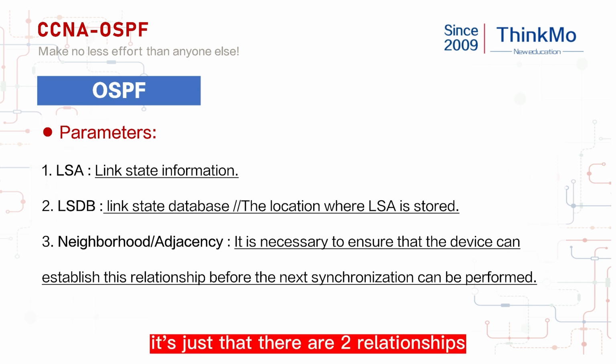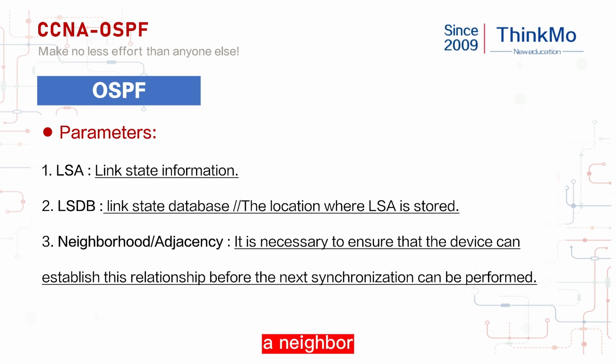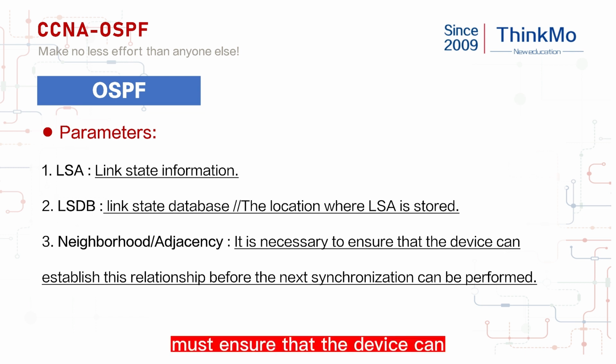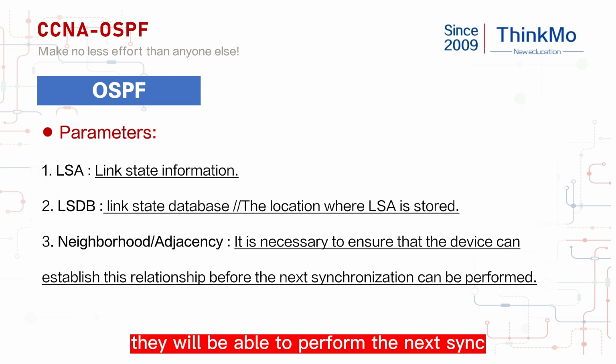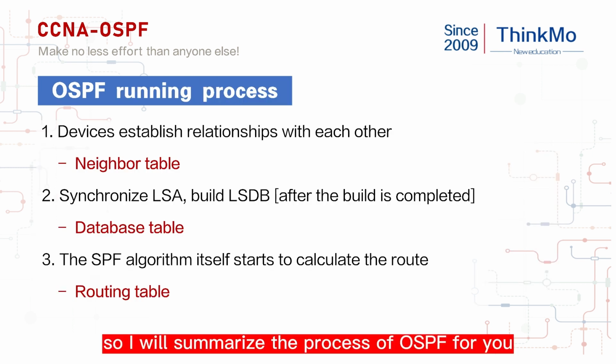It's just that there are two relationships: neighbor and adjacency. Whether neighbor or adjacency, the devices must be able to establish this relationship. Then they will be able to perform the next sync. If this relationship cannot be established, then they cannot be synchronized.